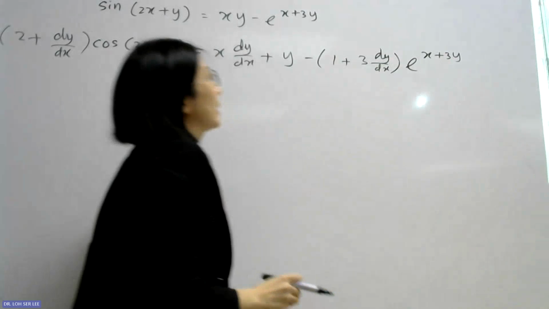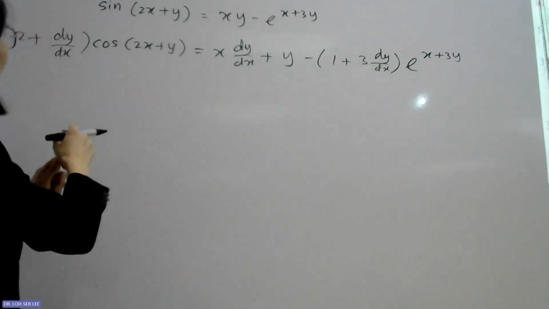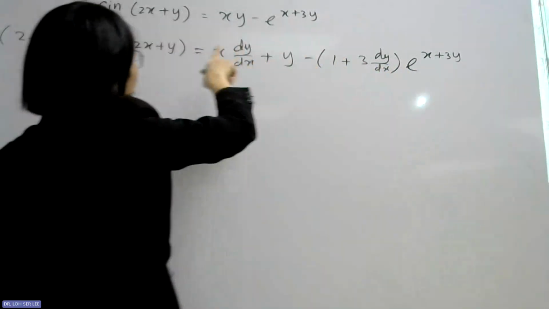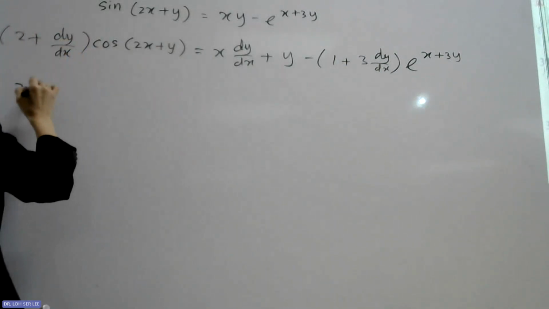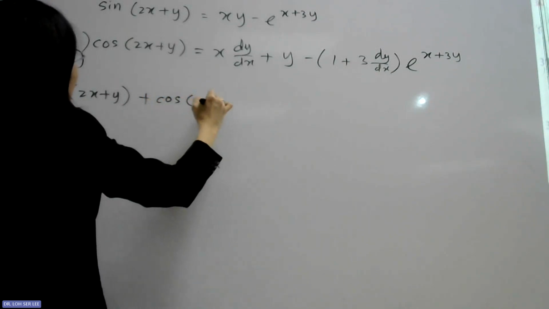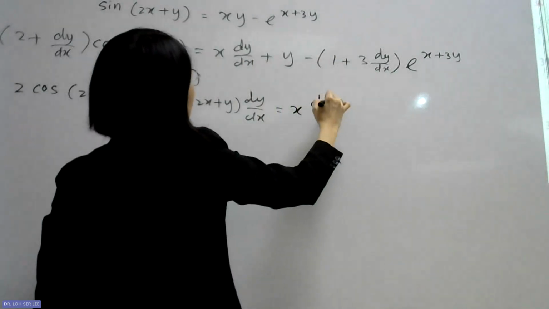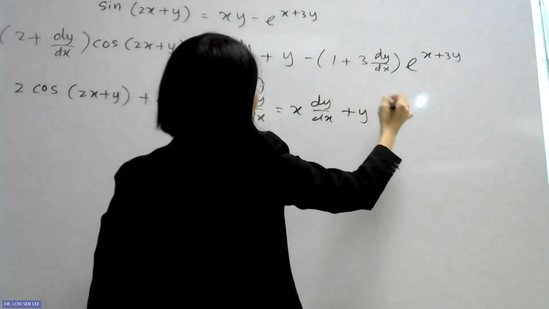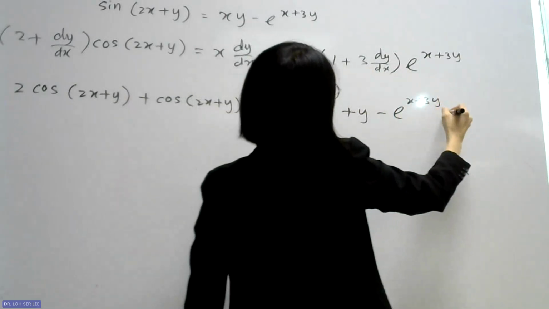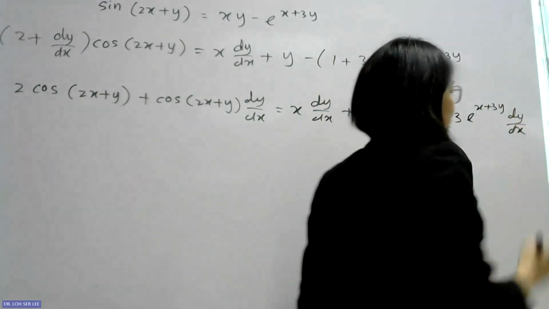Whenever there's a y, you get the term dy dx. Okay, so this one we have to expand because there is a term of dy dx here and here. Okay, so we expand 2 cos(2x plus y) plus cos(2x plus y) dy dx equals to x dy dx plus y minus e^(x+3y) minus 3e^(x+3y) dy dx.